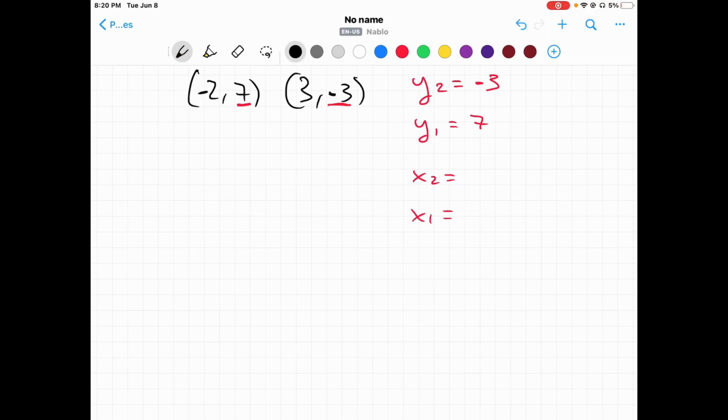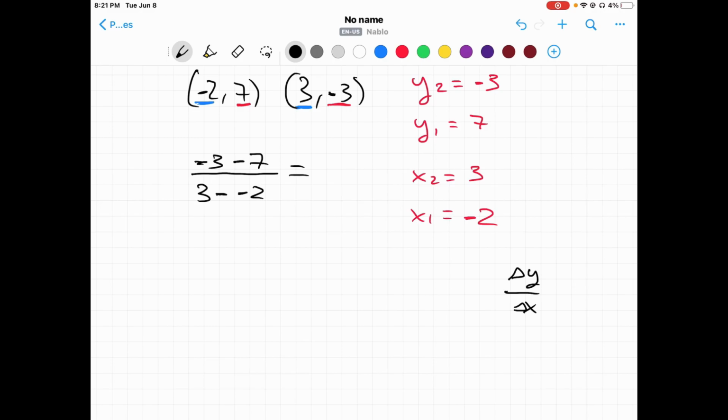And so once again, change in y over change in x. So negative 3 minus 7 over x2, which is now 3, and x1, which is now negative 2. So we would do 3 minus negative 2.